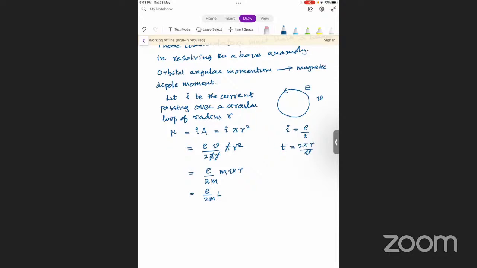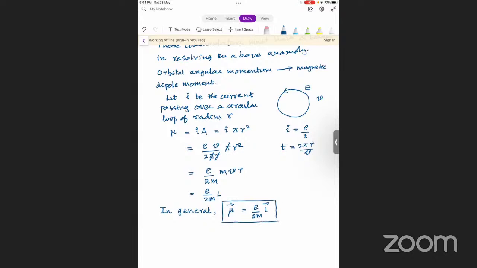This is a simple configuration. In general, we can say that the magnetic moment is a vector which is related to e by 2m into the angular momentum. So what are we understanding here?